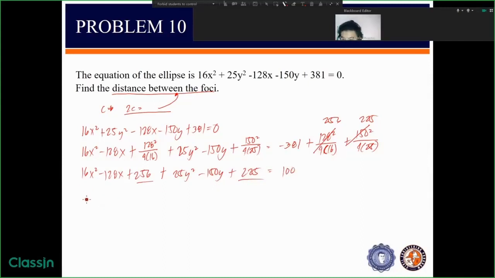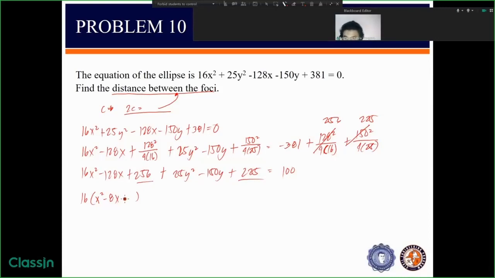So here, let's get the perfect square, the factor. Let's factor out the 16 first here, no? Factor out the 16. And then what's left here is x squared minus, you have 128 divided by 16, you have 8x.